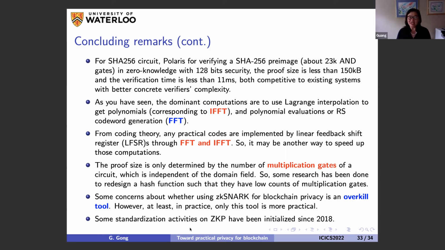And they also initiated some standardization activities to standardize zero-knowledge protocols. This has been going on since 2018.